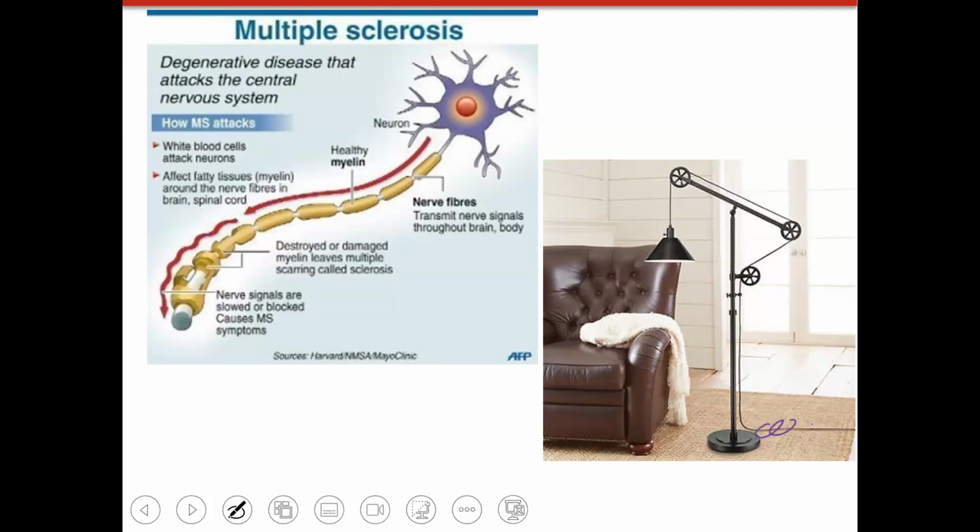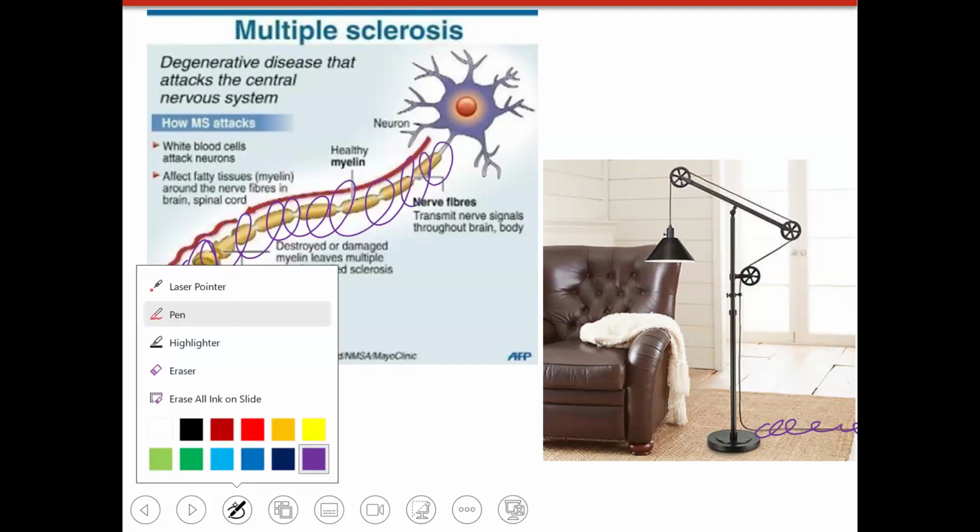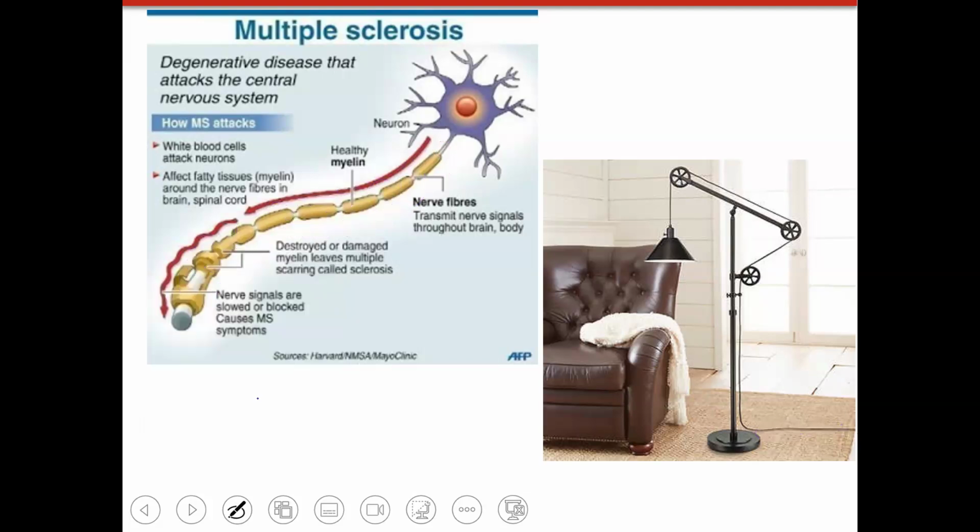We splice and we take the covering off of the wire first. And then we repair the wire, and then we wrap it with electrical tape, and now we have a functioning lamp again.